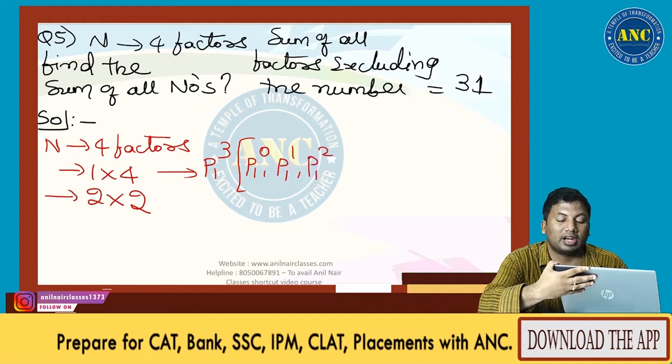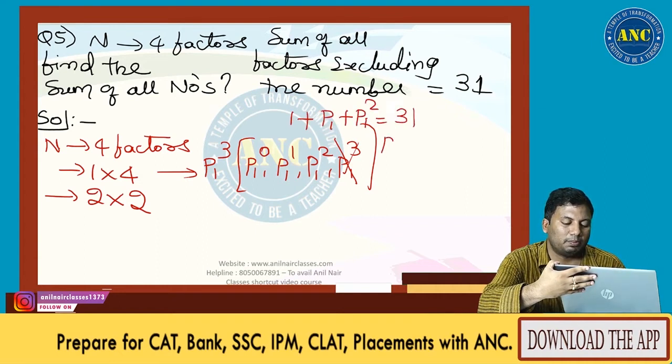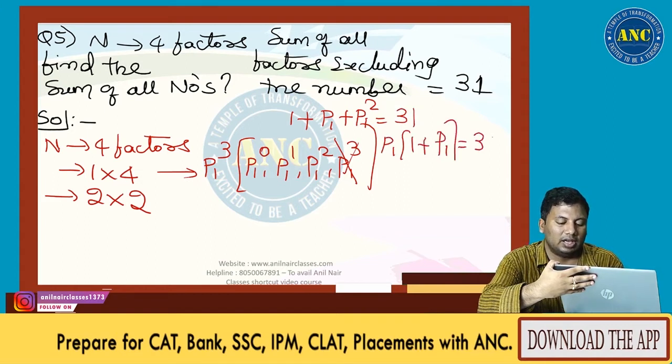Now excluding the number, P1 power 3 should not be taken. So this is 1 plus P1 plus P1 square equivalent to 30. So P1 into 1 plus P1 is 30. P1 is nothing but 5.